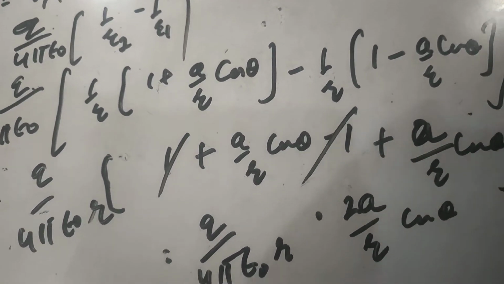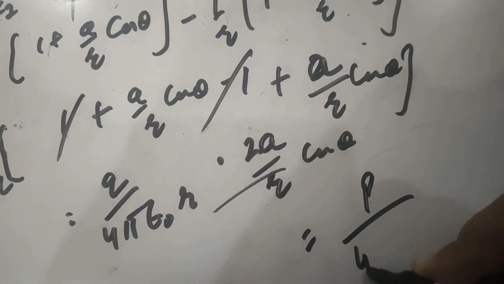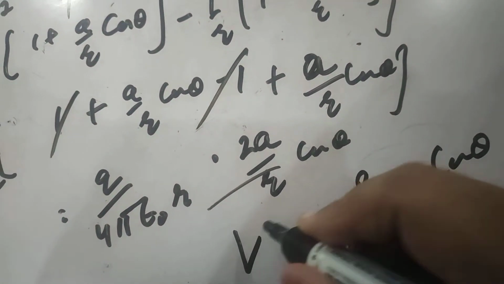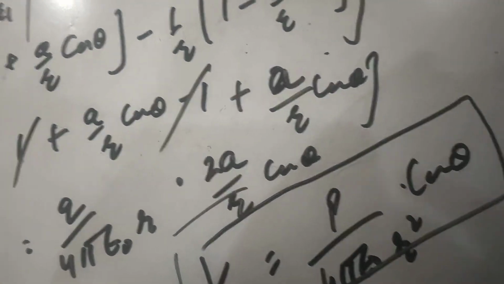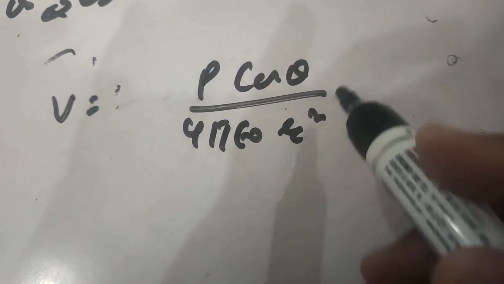Now this q into 2a becomes p, the dipole moment. So p upon 4 pi epsilon naught r square into cos theta. So this is the expression for v, right? So v calculated is p cos theta upon 4 pi epsilon naught r square.